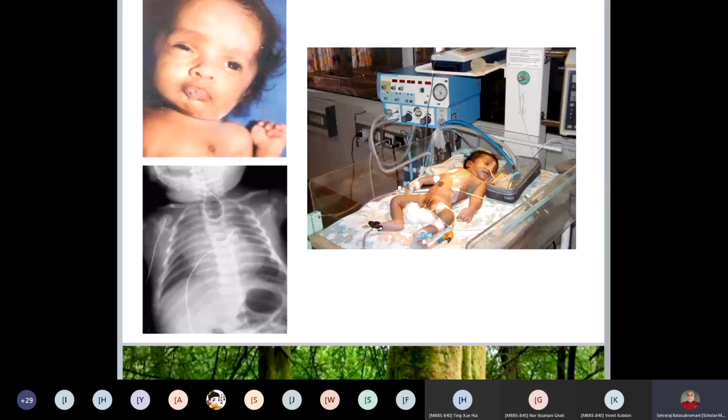That blue gadget you are seeing above the baby is the ventilator. This I did in 2001, almost 20 years ago. See, so many tubes around the baby.